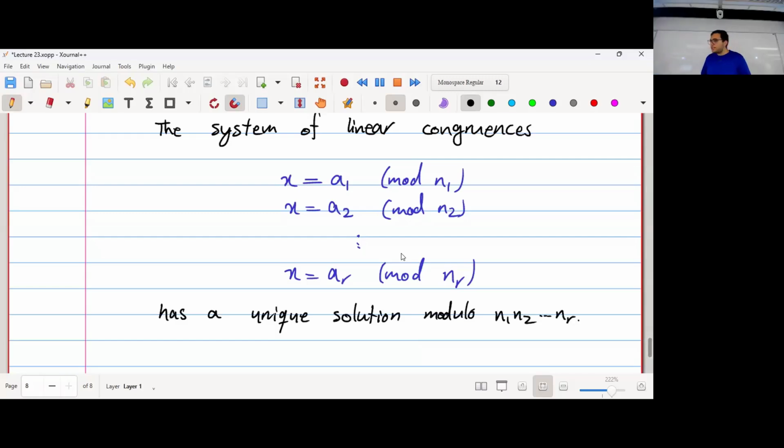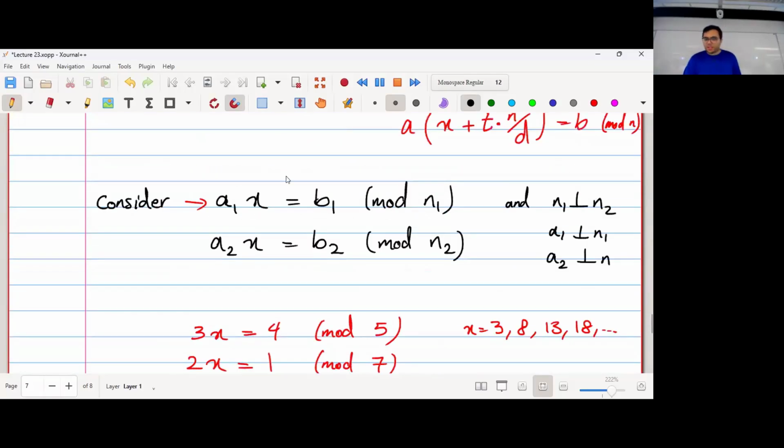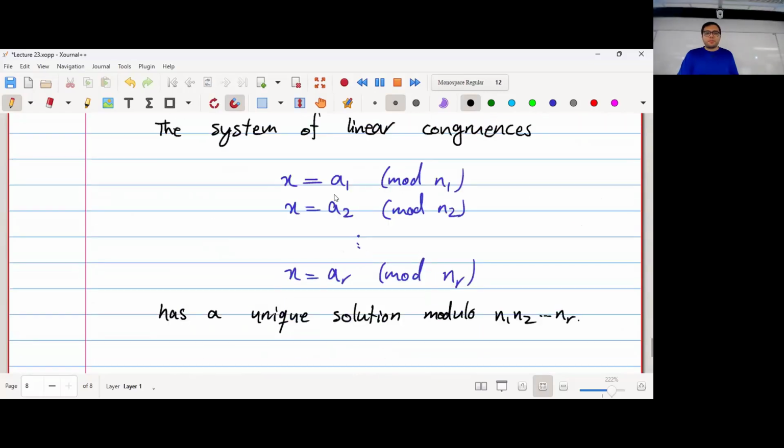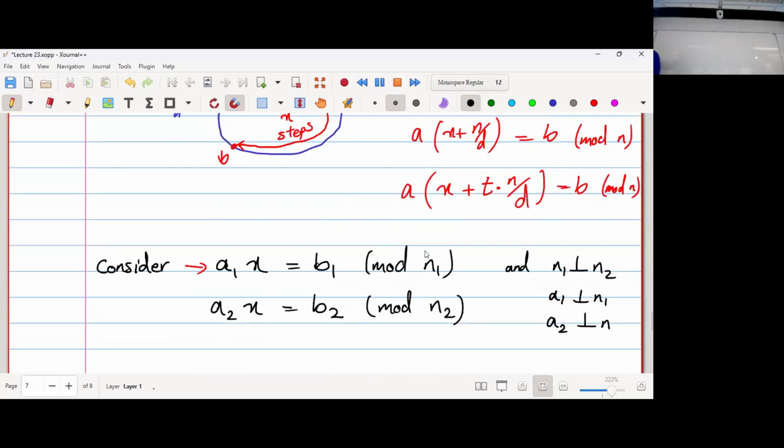Okay, first of all, why is this really an extension of the previous one? Because if you look here, I had something more, right? I had ax equals to b. But now I'm just saying x is equal to something. Why are these two things the same? Because here I was saying that a1 is relatively prime to n1, right? So if a1 is relatively prime to n1, a1 has an inverse. So I can just multiply both sides by the inverse of a1.